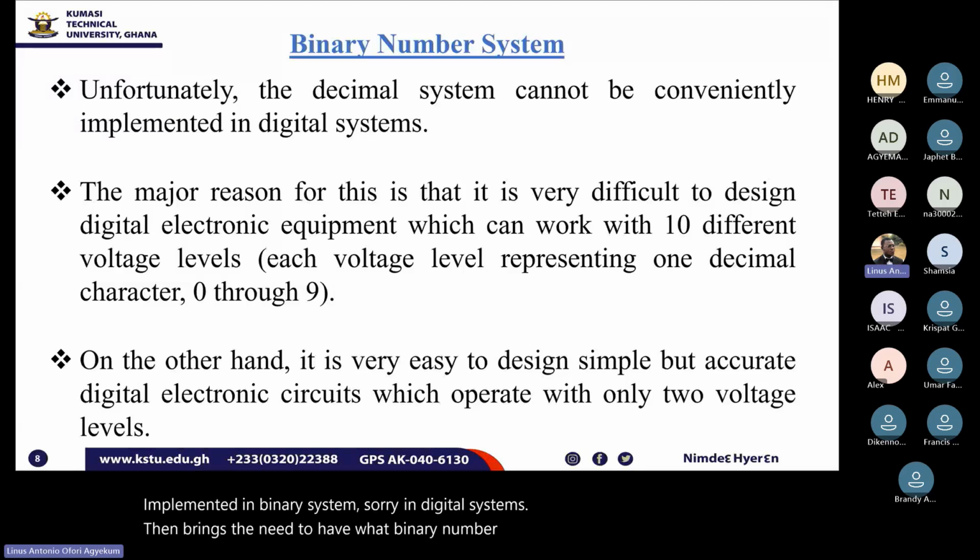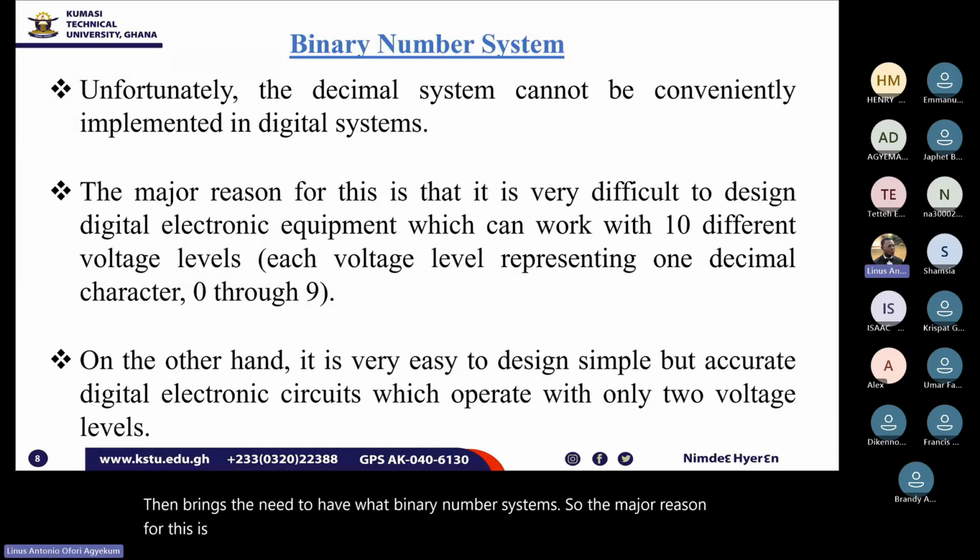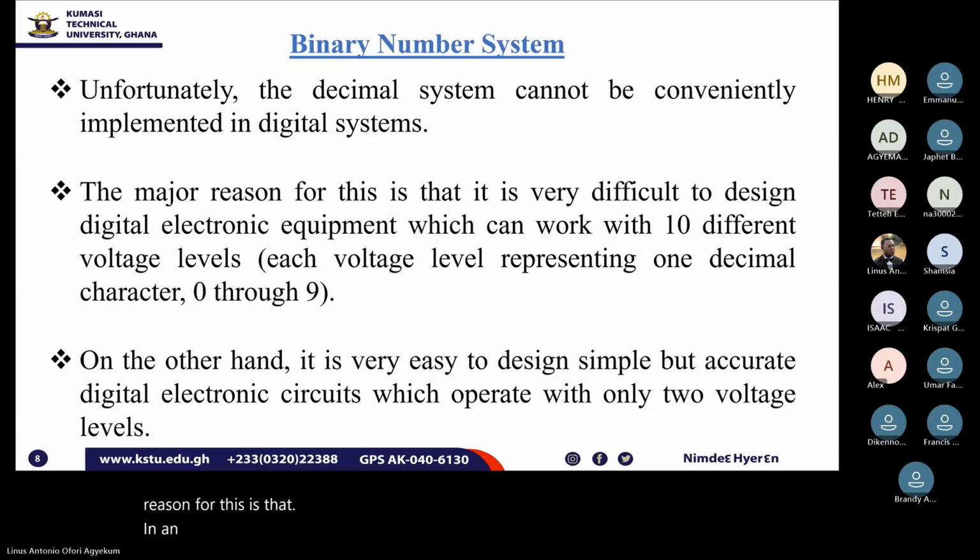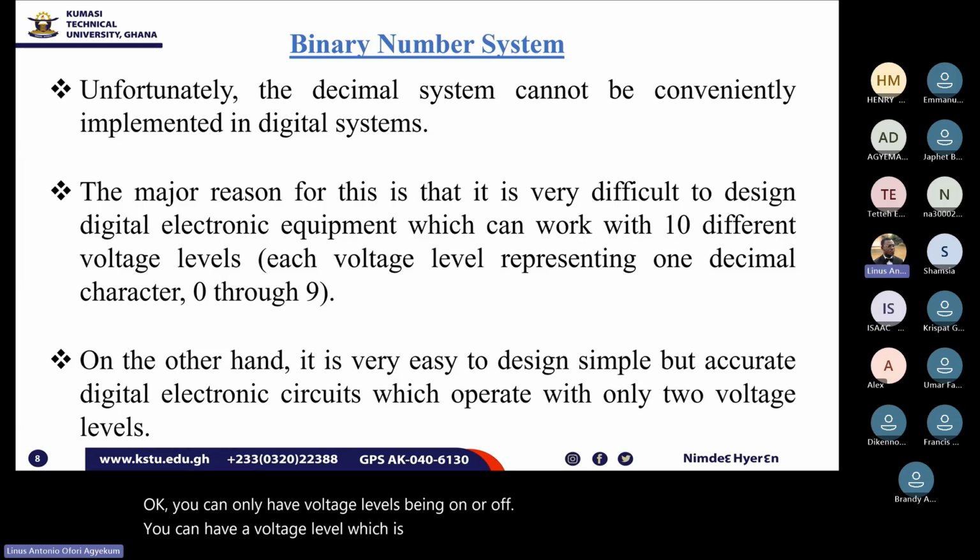The major reason for this is that in electronic equipment, you cannot represent different voltages and have voltage levels from 0 through 9. You can only have voltage levels being on or off. You cannot have a voltage level which is in the middle or half-way, something like that.